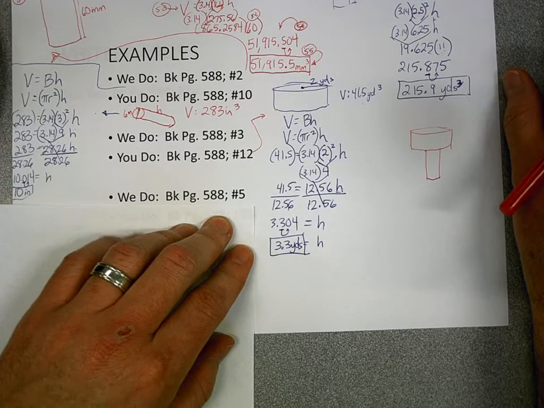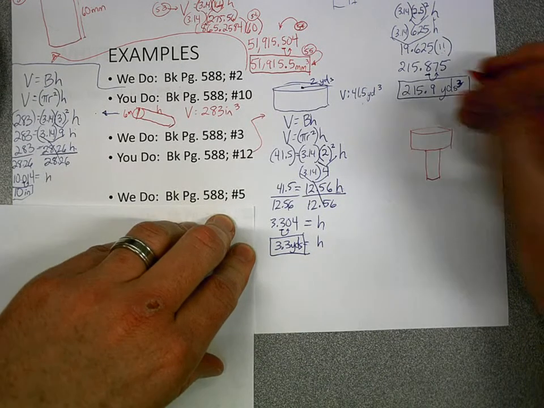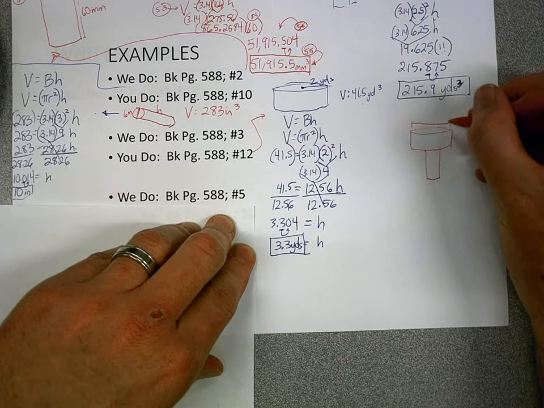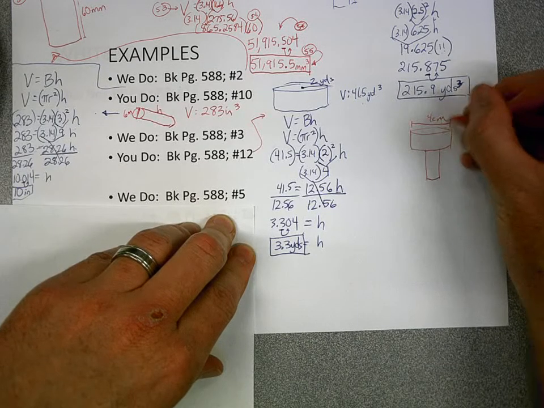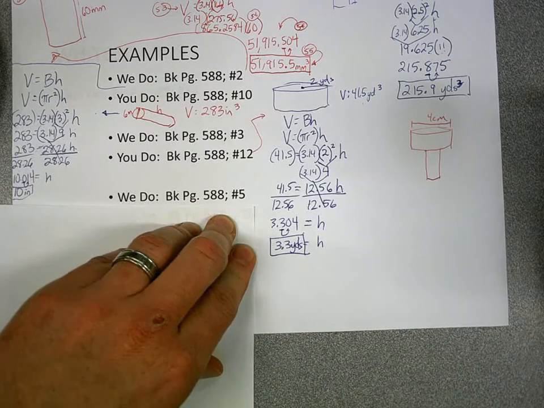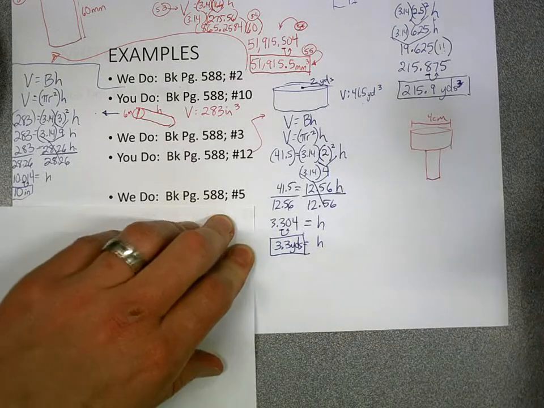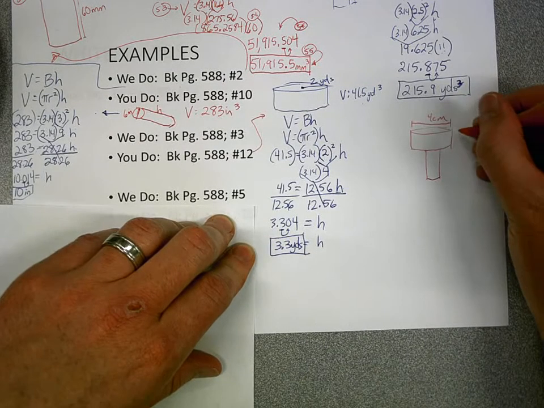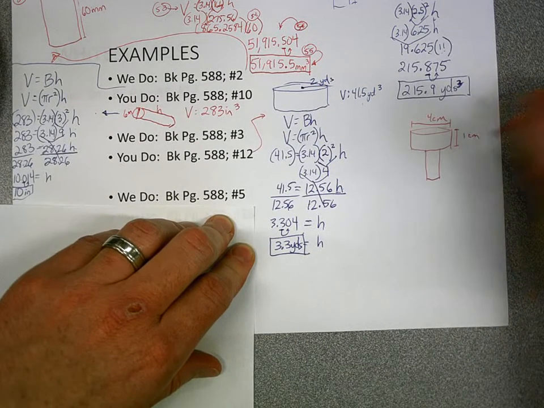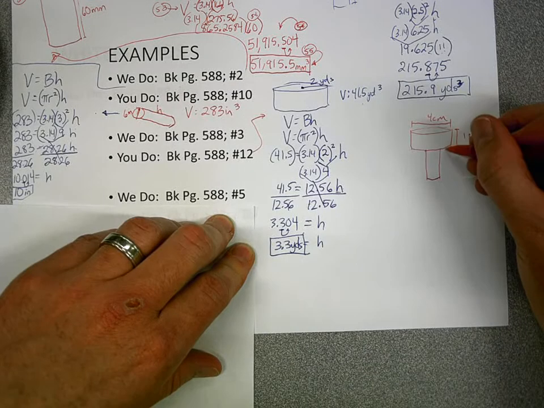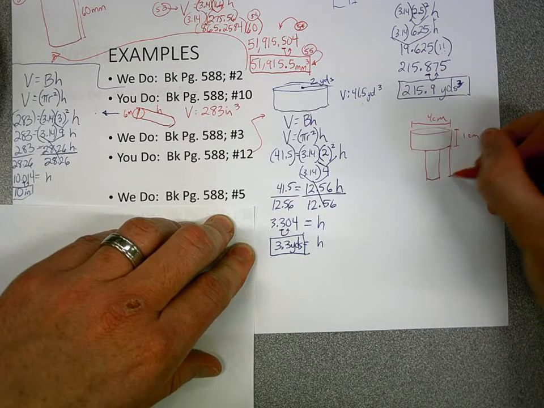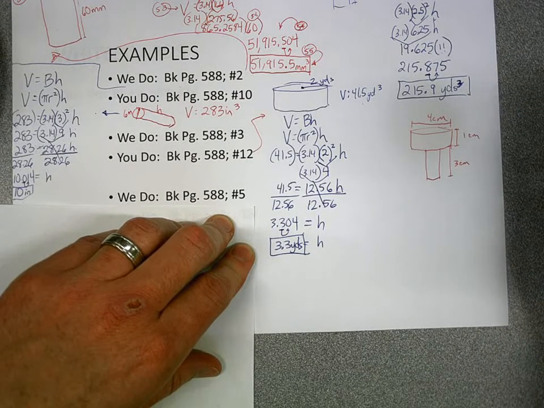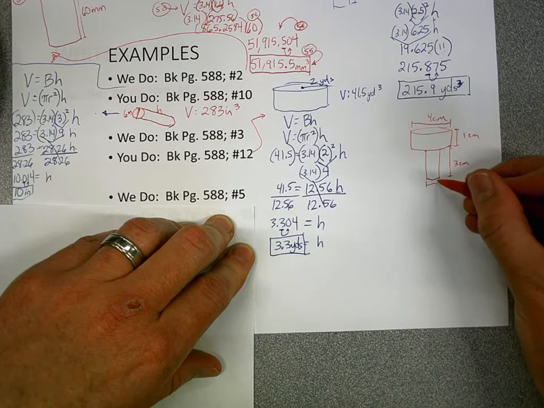So we have that peg, and it shows from here to here is 4 centimeters. And then it shows that right here, from here to here, is 1 centimeter. From there to there is 3 centimeters. And from here to here is 2 centimeters.